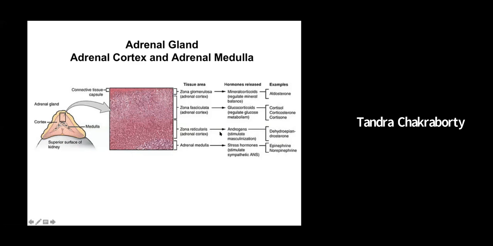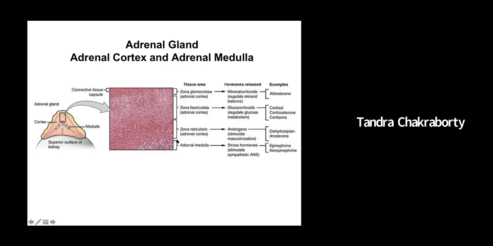Then comes the zona reticularis, which produces androgens, and we'll be touching upon very little of this part of the cortex, just because we have already learned about the steroid hormones of males and females, and its importance is mainly for libido, and we will not be touching upon this section.